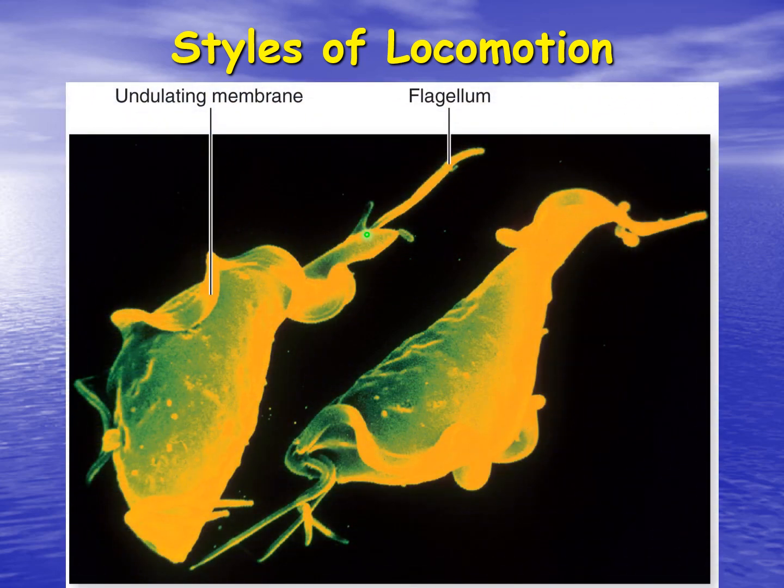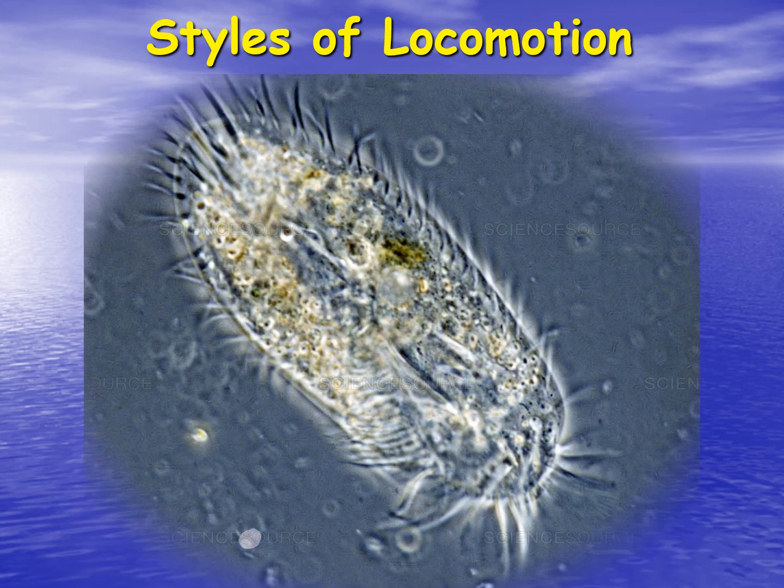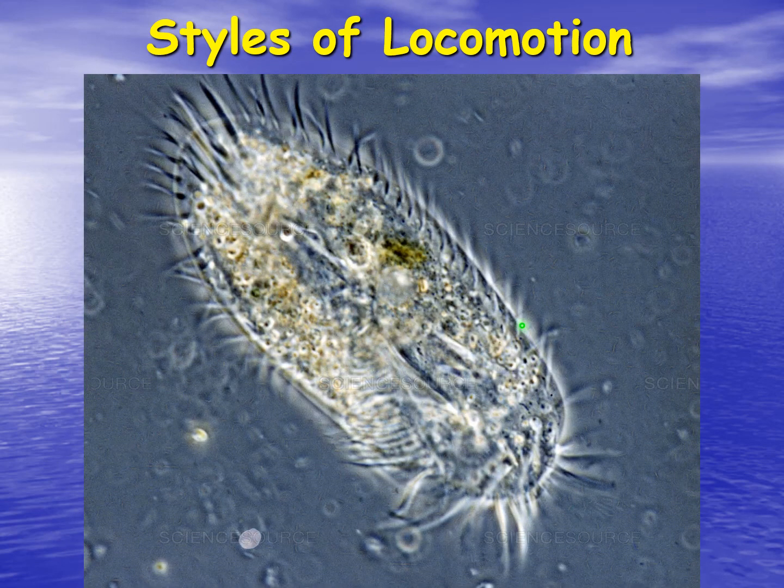This shows the flagellum on this particular organism, and this one also has something called an undulating membrane, which is a fold of the cell membrane that can undulate and assist the movement of the flagellum. And then this organism has cilia located all over it, and again, because of the recovery stroke, we see movement in one direction.